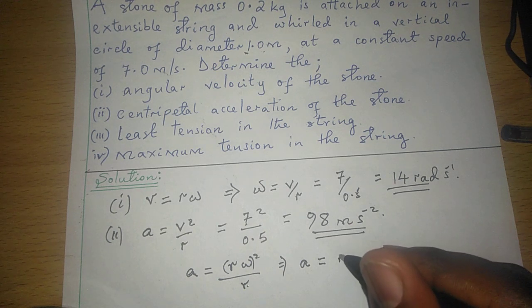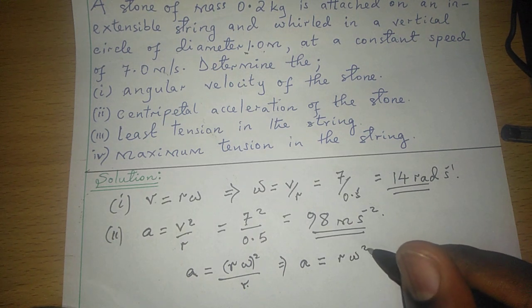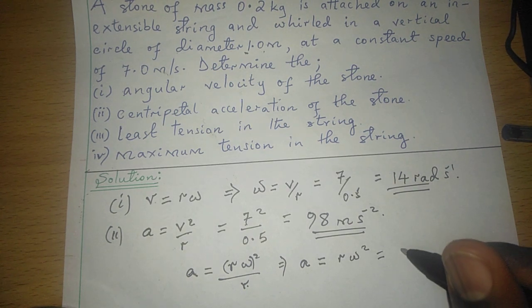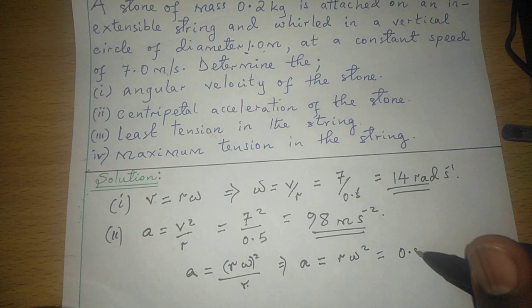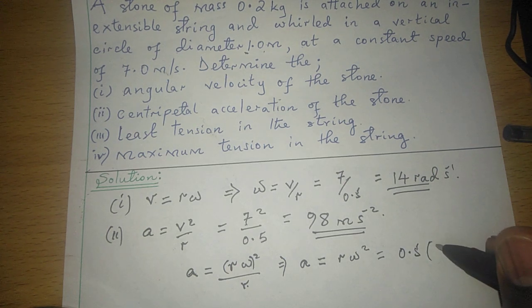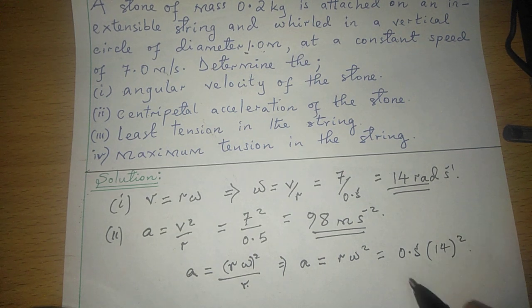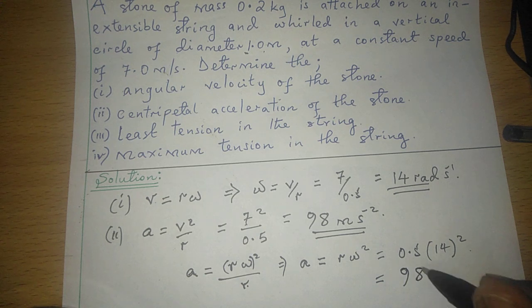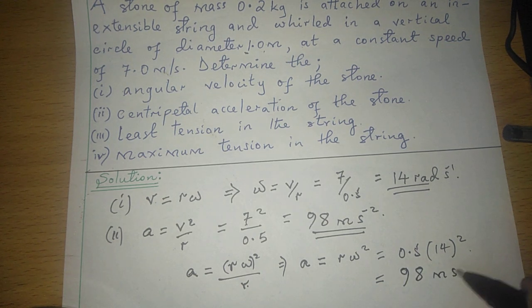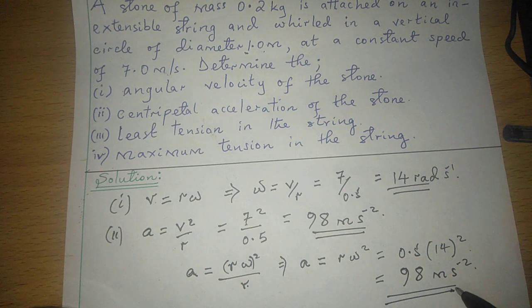We get 1 r, then omega remains squared. Therefore we can have r as 0.5 and omega, which has been calculated as 14, squared, and you will find for sure the same value is obtained when we follow this other formula.